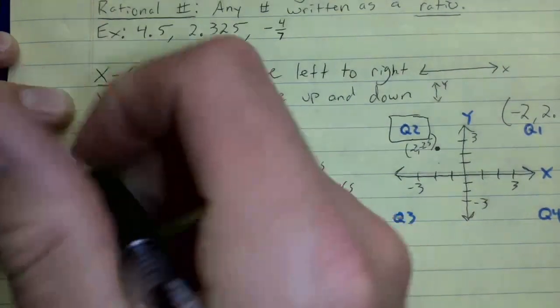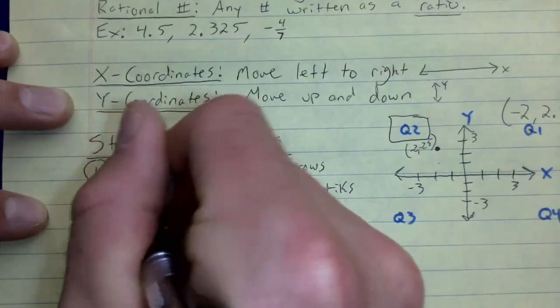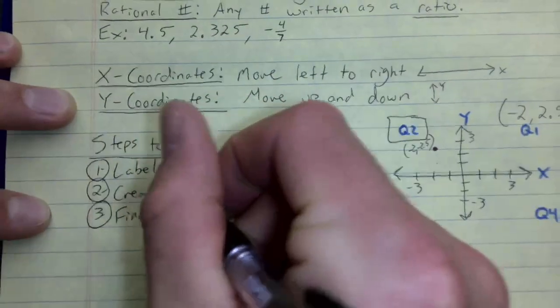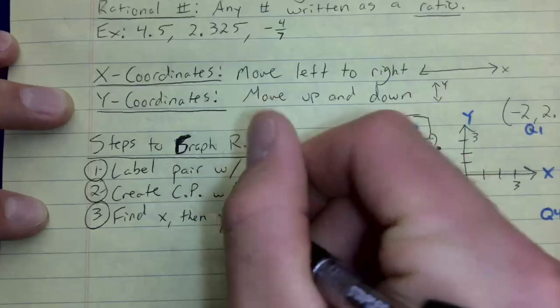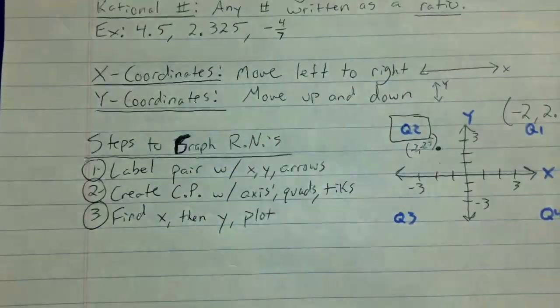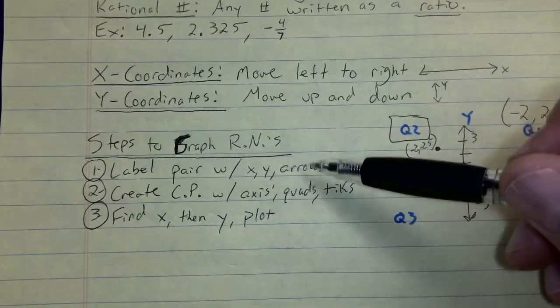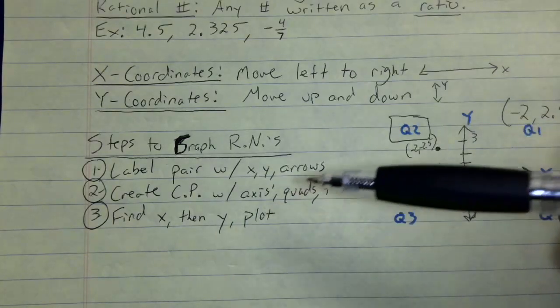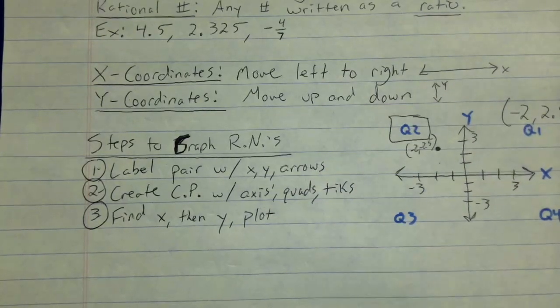And lastly, your third step is find x, then y, and plot. So step 1, label your pair with x, y, and arrows. Step 2 is create the coordinate plane with axes, quads, and ticks. And step 3 is find x, then y, then plot. That's it. Let's see what this looks like.